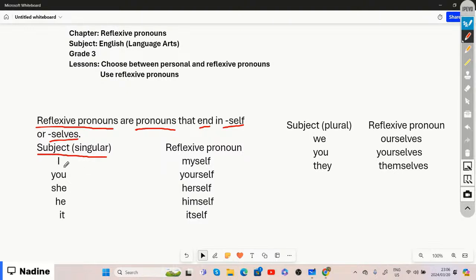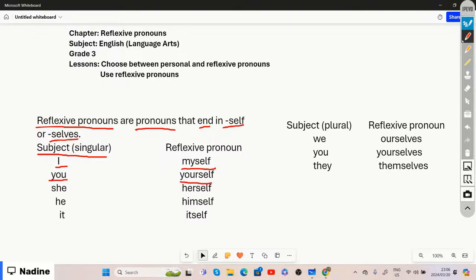If you're referring to I, then it's going to be myself, because I is to do with me, to do with myself. If you're referring to you, which is another person, then it is yourself.